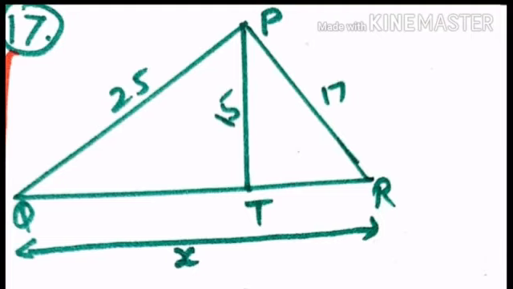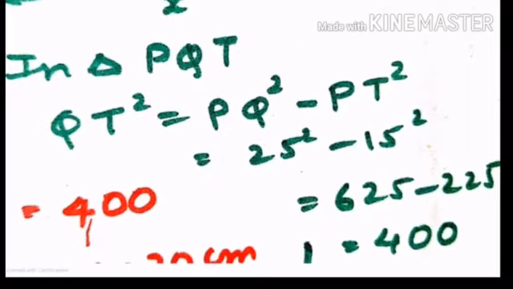So you have to think that PT is the perpendicular or altitude. So first of all, make two right angle triangles, PRT and PQT. We can use Pythagoras theorem in both of these triangles to get our QT value and TR value, and then we add them to get our X value. So by following this method, first I will use Pythagoras theorem in triangle PQT.